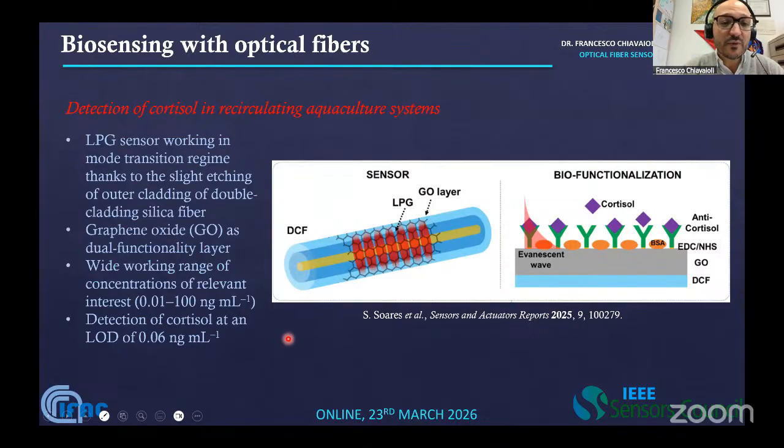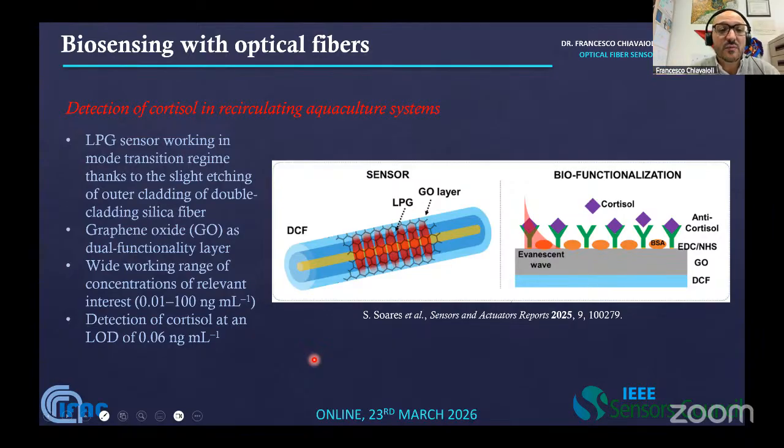One example is related to a collaboration I have with the University of Aveiro in Portugal and the University of Naples Parthenope here in Italy, where we developed a long period grating in a double cladding fiber, and we also covered it with a graphene oxide layer to enhance the performance and also have direct binding groups on the surface.